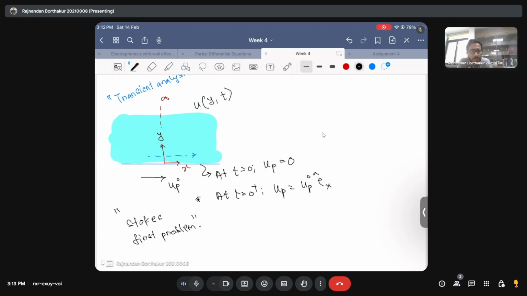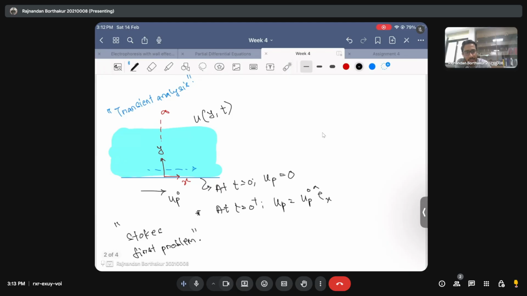And so for this problem you saw that your PDE just reduces to rho times del u del t equal to mu times del square u by del y square. If you do a simple simplification, you will see that your velocity field is just an x directional velocity field, because the plate just moves in the x direction, so there is nothing which can actuate the fluid in the y and z direction.